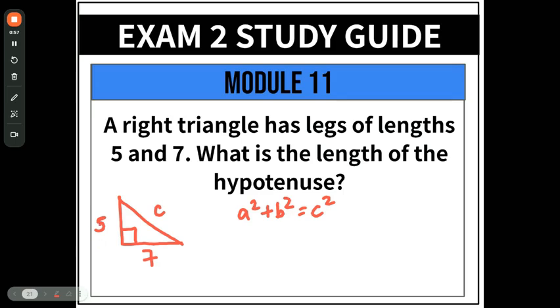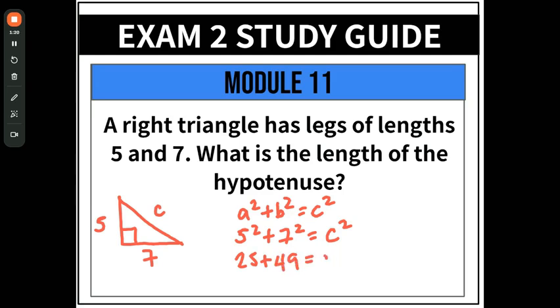Okay, so this is side A and this is side B, and we're going to put these numbers into our formula. So we get 5 squared plus 7 squared equals c squared. Now we've got 5 squared, which is 25, plus 7 squared, which gives me 49, equals c squared.